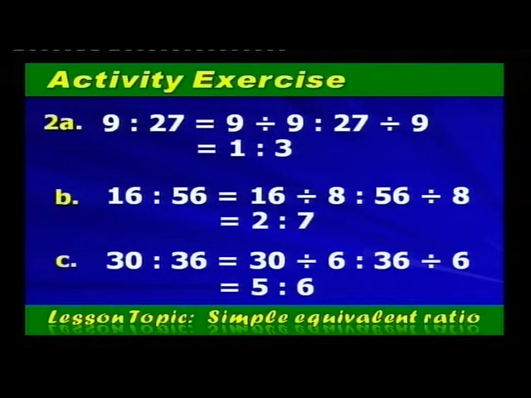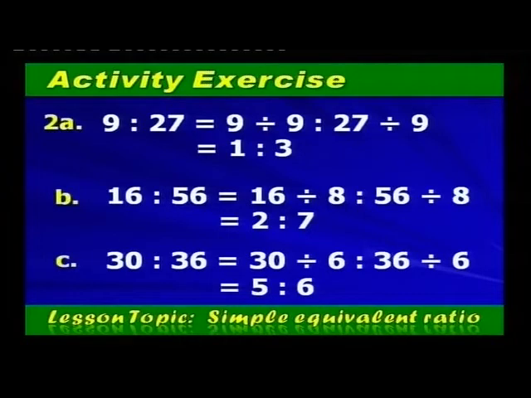Okay, 9:27. The simplest equivalent ratio is 1:3. Straight up, hands up. Receiving students, did you get that correct? Simplest equivalent ratio for 9:27 is 1:3. Very good, excellent. Hands down.